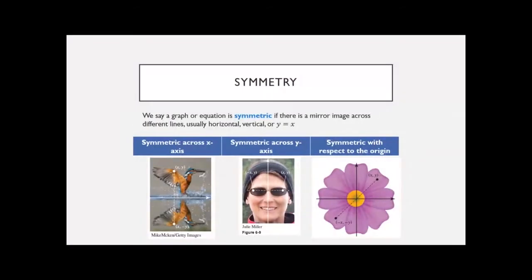So when we talk about symmetry in math, we can have things that have symmetry anywhere on a graph, but in math, at least, we're looking at three different specific types. We're usually looking for whether it is symmetric across the x-axis, which is a mirror image across a horizontal line, the x-axis, or whether there's symmetry across the y-axis, which would be a mirror image across the vertical.